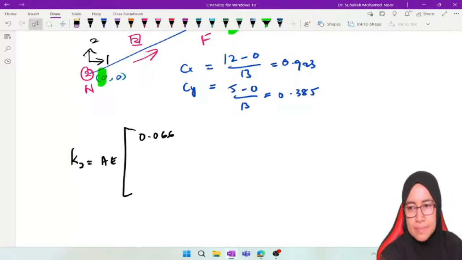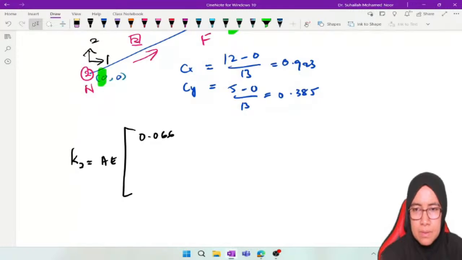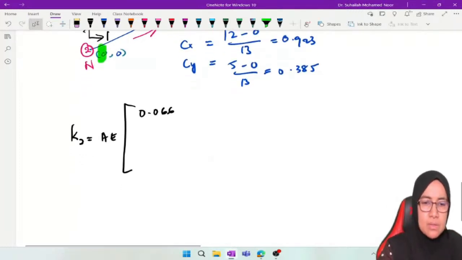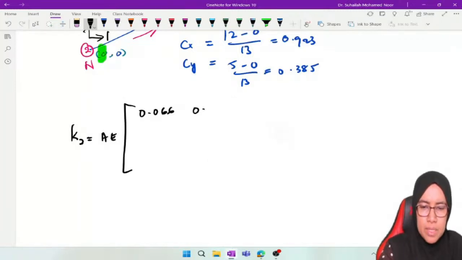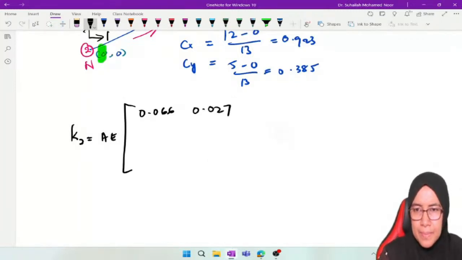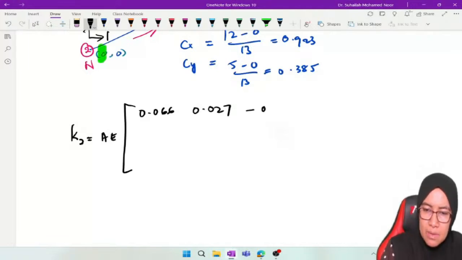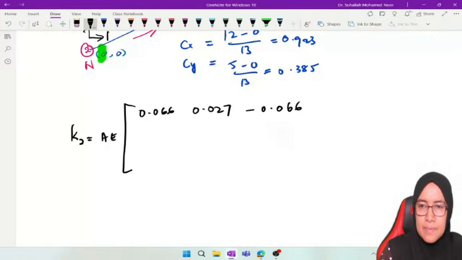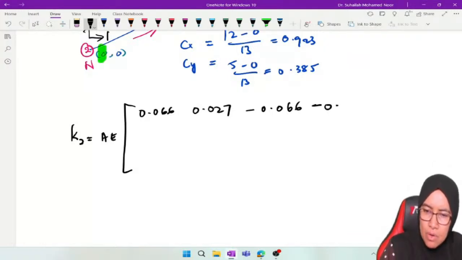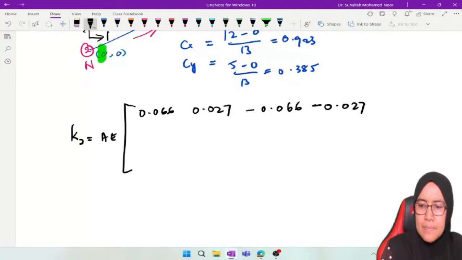It is 0.027. So we get 0.027, and then negative 0.066, and then negative 0.027.